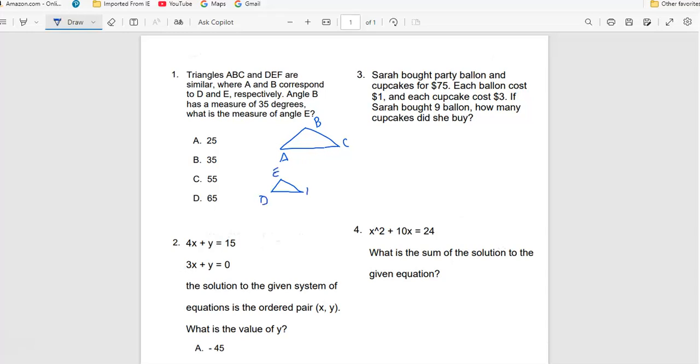We know that in similar triangles, the corresponding angles are equal and the corresponding sides are in proportion.